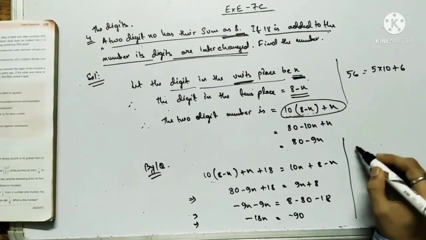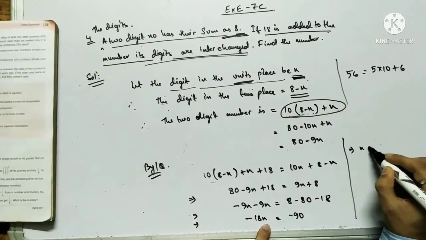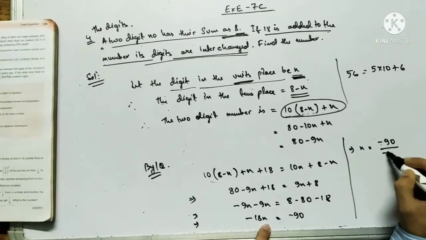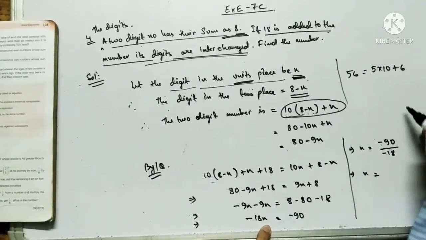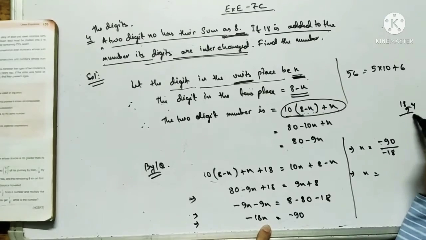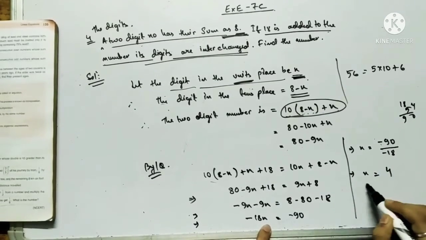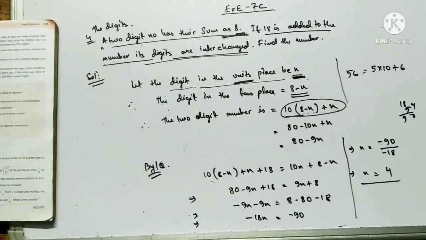So x is equal to minus 90 by minus 18. So x is equal to 90 divided by 18, 18 into 5 is 90. So I get the x value as 4. Understand? The x value is 4, I will.